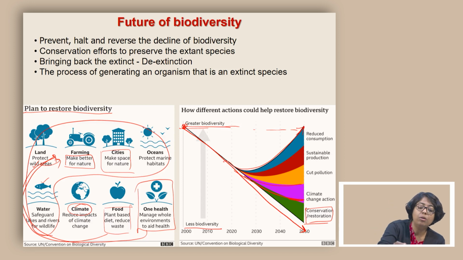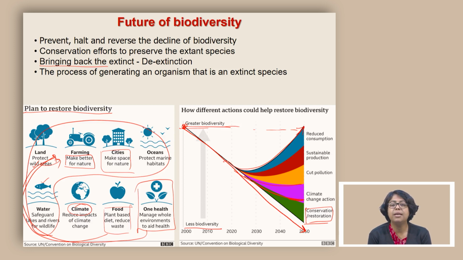There have also been efforts where people were trying to bring back the extinct, and this is called de-extinction. This is a process of generating an organism of an extinct species. So, are we talking about bringing back dinosaurs? No. The idea is to bring back those extinct species which went extinct during the human time scale, and because of their loss the ecosystem suffered and ecosystem functioning was lost.